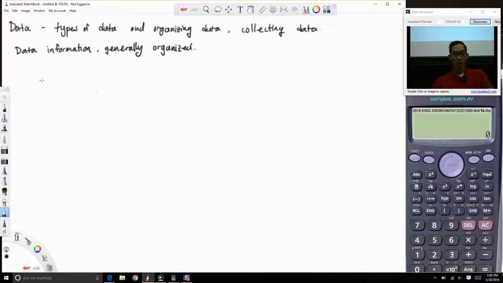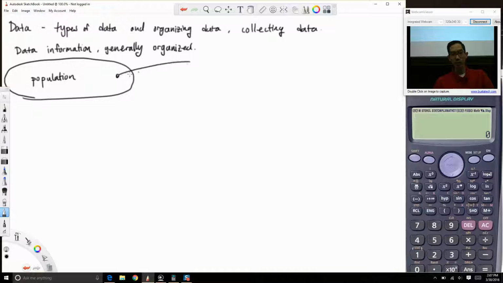And on Monday I talked about how the big idea of statistics is that we have some kind of population that's too big to be observed directly, so we take a little piece out of it, and then we study that little piece, which we call the sample. Okay, so in statistics, whenever we have data, it's almost always referring to the data from a sample.